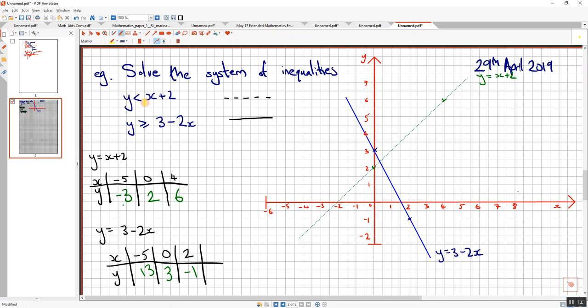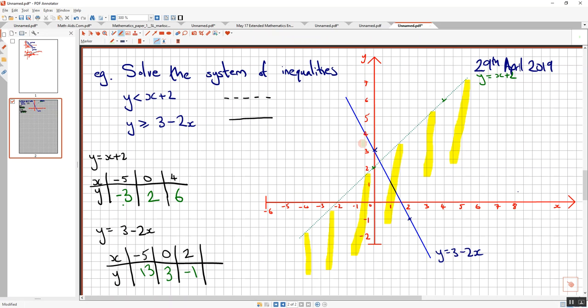If I want y is less than x plus 2, I want above or below. Damon? Below, right, because it is less than. So I'm going to shade everything now. Nobody do anything, okay? I'm going to shade all of this stuff. Correct? Yes. Right. Now, looking at the other one.